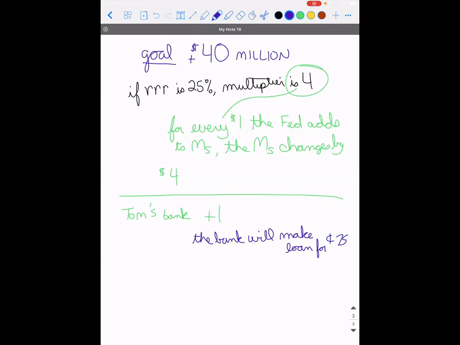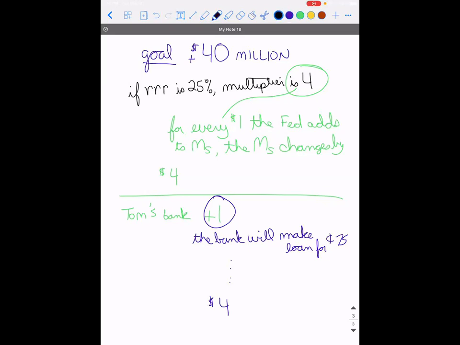The reason why is because the required reserve ratio is 25%. So some other person is going to make a 75-cent deposit, and that bank is going to lend out 75% of 75%. And then that process would keep going on and on until $1 becomes $4.